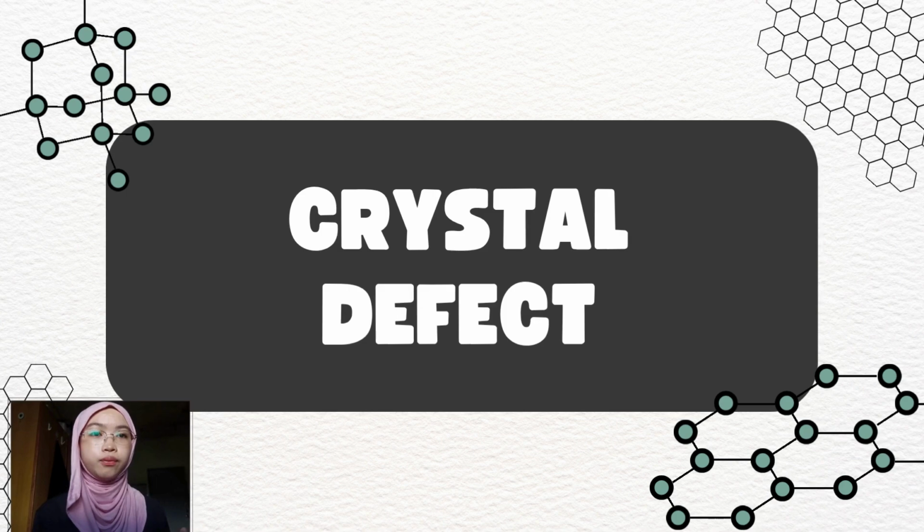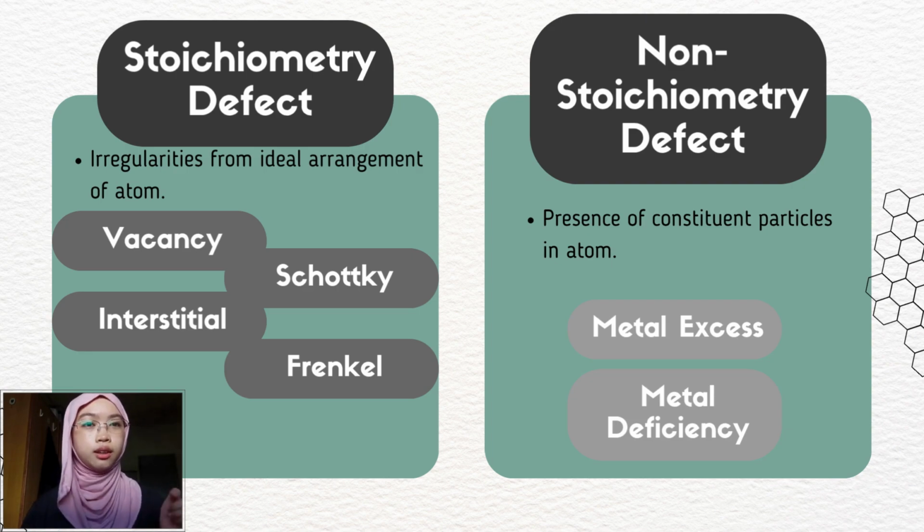Crystal defect is defined as the imperfections in the arrangement of constituent particles in solids. The ideal crystal simply does not exist because all solids contain defects. There are 2 types of crystal defects, which are stoichiometry defects and non-stoichiometry defects. Stoichiometry defect is the imperfection from the ideal arrangement of constituent particles in an atom.